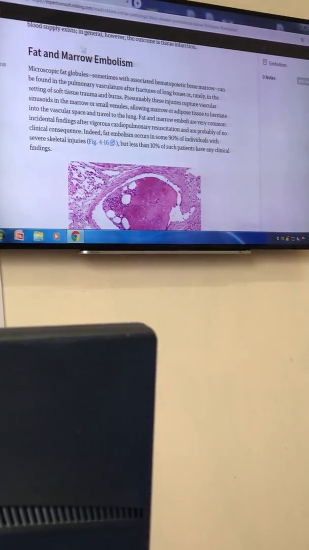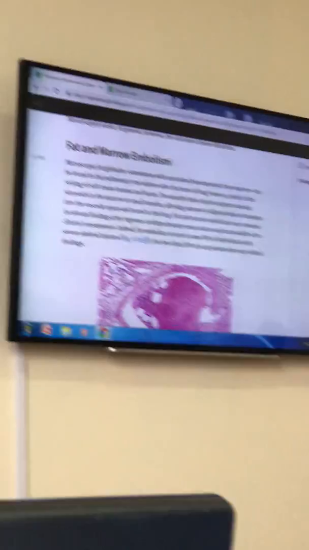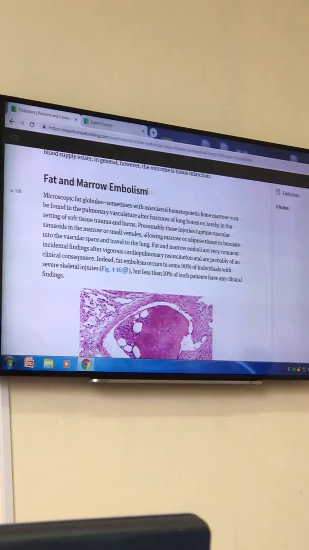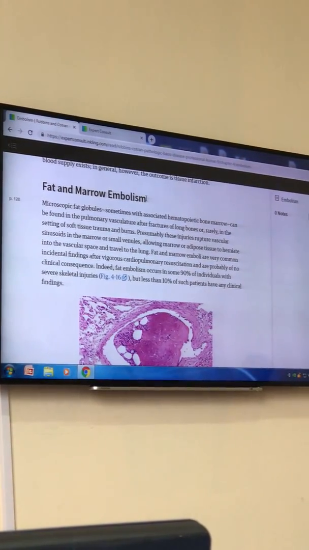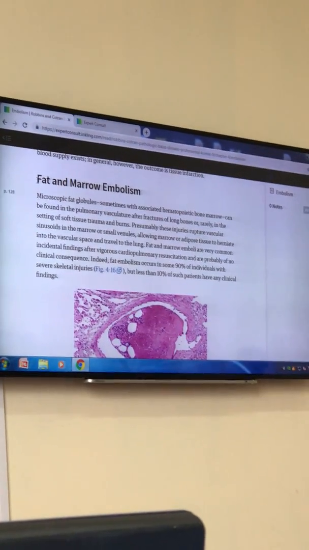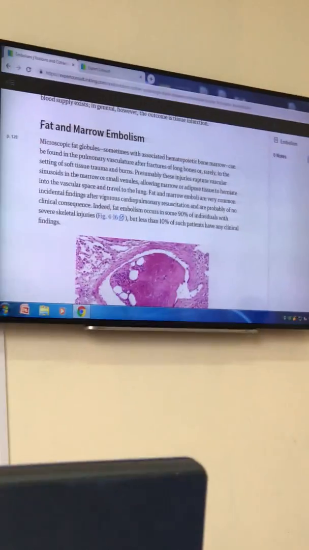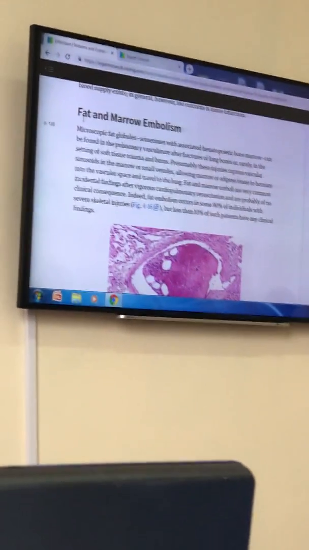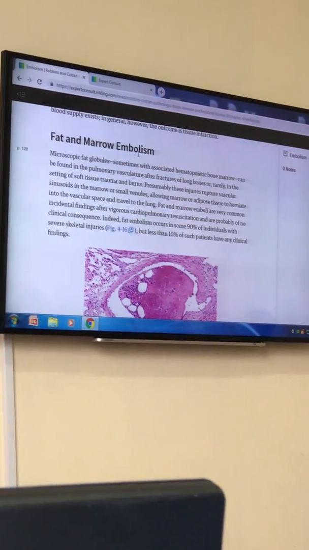What is fat and marrow embolism? Due to severe accidents and extensive bone fractures, some part of the bone marrow, including its fat or even the hematopoietic cells, can enter the circulation and cause fat and marrow embolization.